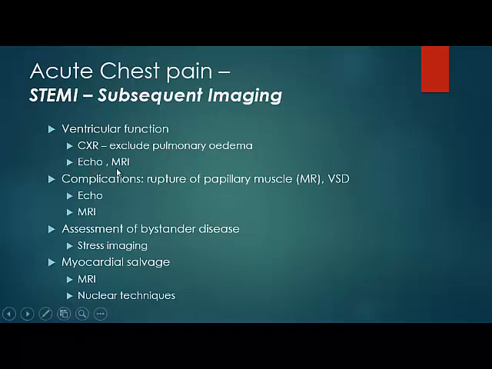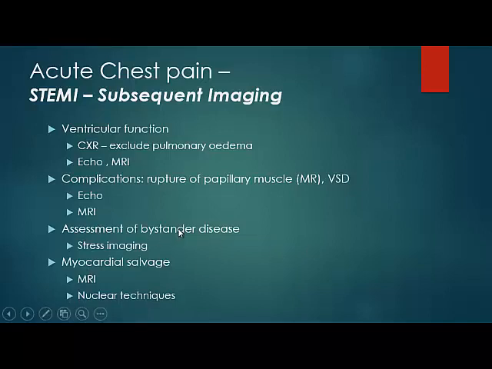Then echo and MRI again to assess ventricular function, to look for any regional wall motion abnormalities, etc. Then sometimes they would have complications like rupture of the papillary muscle, VSD, and they need to be evaluated as soon as possible, as soon as these complications are manifested, with echo or MR.